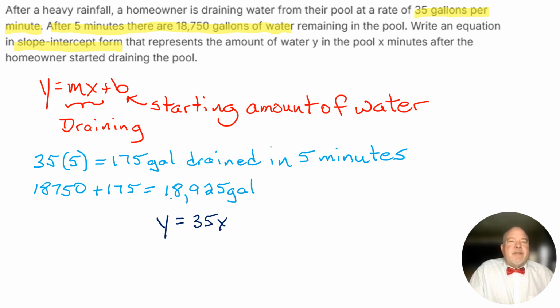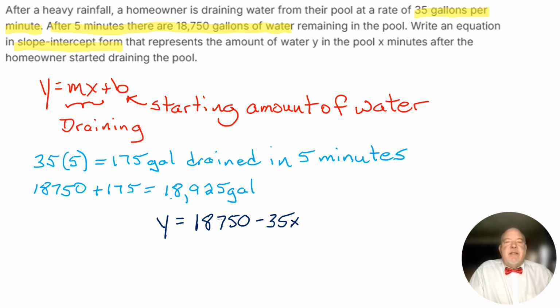We're starting with 18,925 gallons of water, and then 35 gallons per minute is draining out. So would I add 35x or subtract 35x to this? That's the question. The water's decreasing, so it's going to be minus 35x.